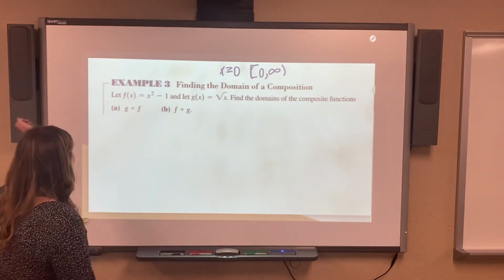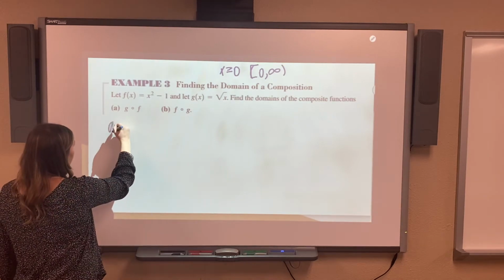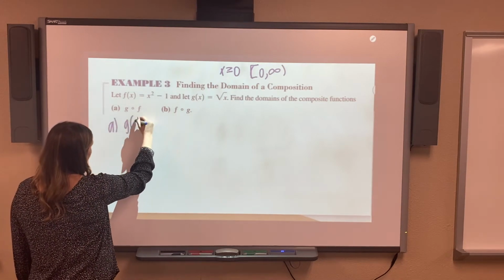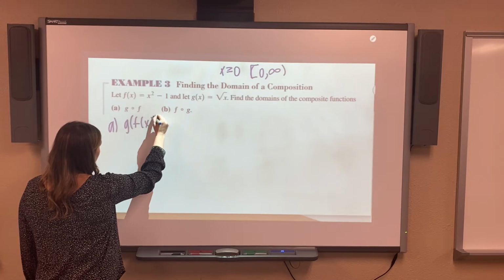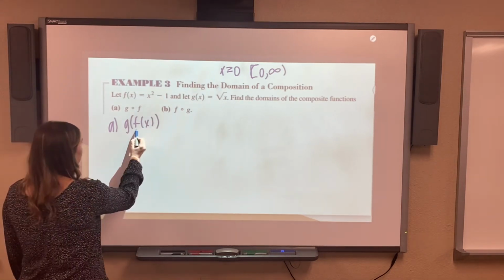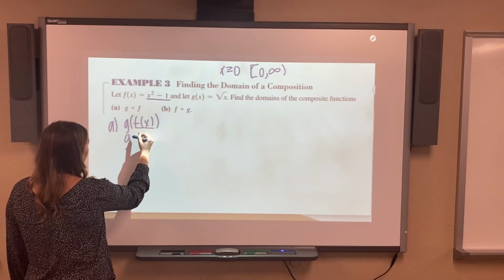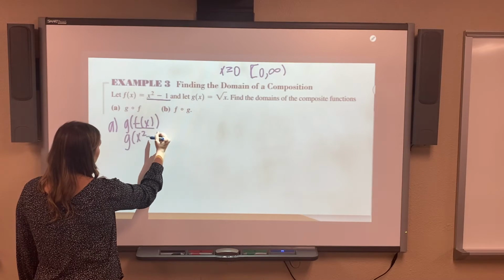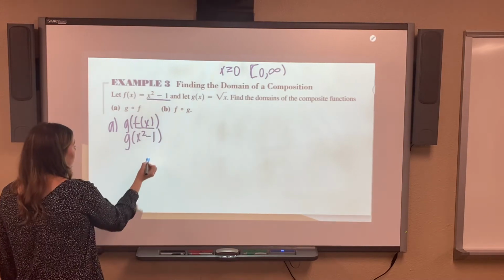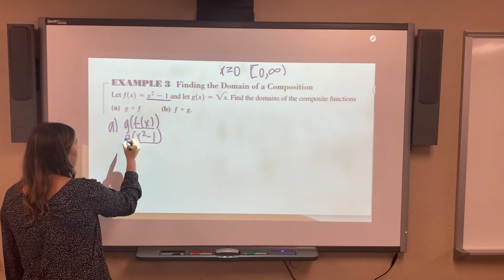So if we're going to do g of f of x first, part a, f of x is x squared plus 1. So we're going to do g of x squared plus 1. Now our input is x squared plus 1 into the g function.